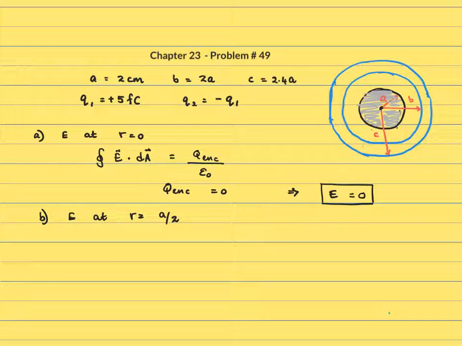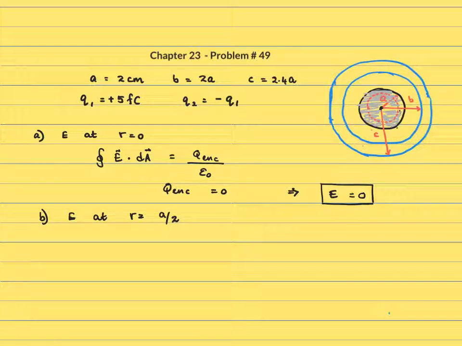Now the practice is to go to the r equals a by 2 location, and then we draw the Gaussian surface. Now in this case we are dealing with spheres, and the easiest Gaussian surface for this case is a sphere.